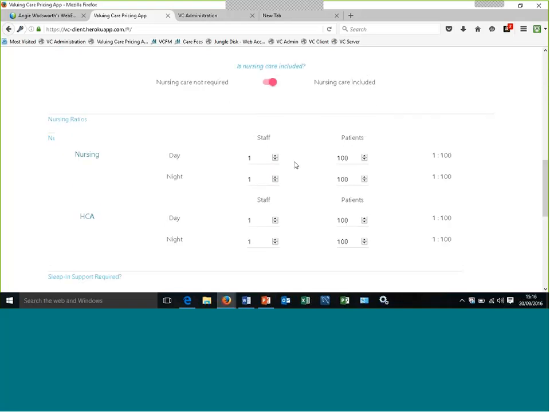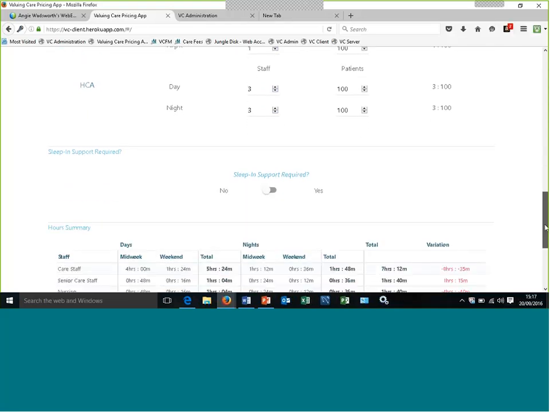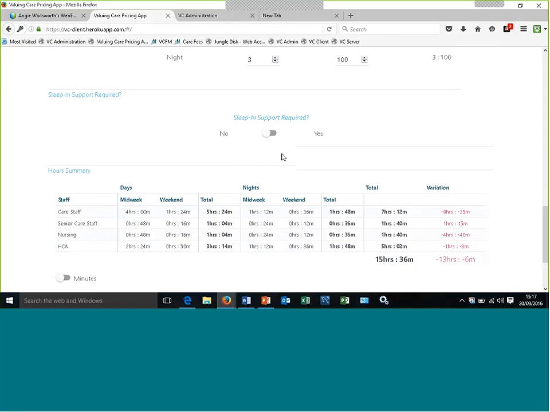And I've got 1 nurse on in the day, 1 nurse on in the night, and I've got 3 HCAs. Okay, so it's building up a picture of the actual staffing levels that the provider is supplying. And actually, I don't need sleeping support.